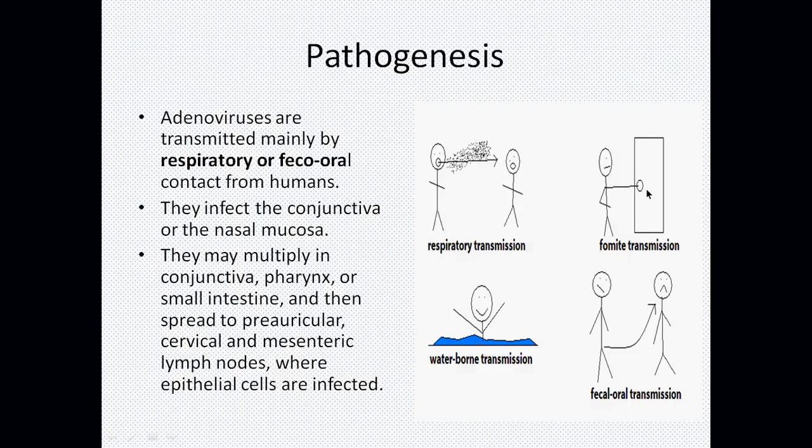They multiply in the local respiratory mucosa, or, due to touching the eyes, they may multiply in the conjunctiva, or, due to fecal-oral transmission, they multiply in the small intestinal tract. Then they spread to the preauricular, cervical, or mesenteric lymph nodes, where the epithelial cells mainly get infected.